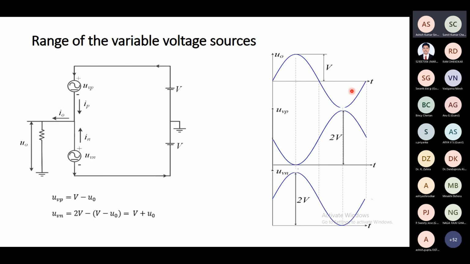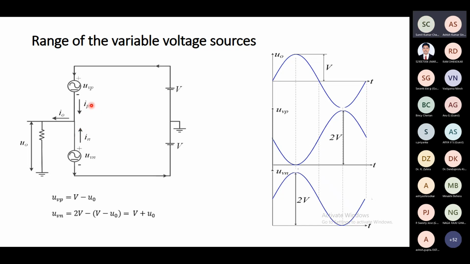Now what will happen, as I said, notice the direction of current. When the direction is outwards, I0, at that time IP and IN. IP is the AC component of the current in the upper arm, and IN is the AC component of the current in the lower arm.